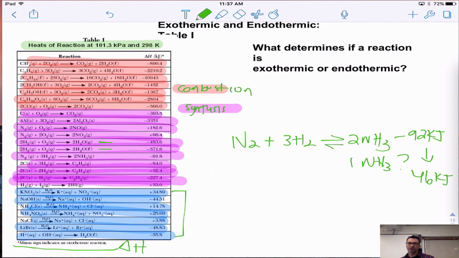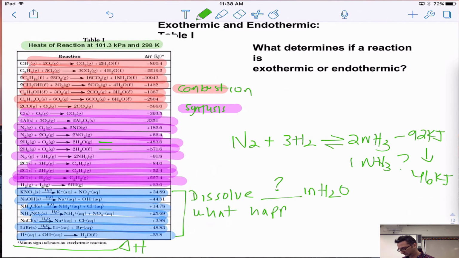They like this question that goes along with this, and the question sounds like the following. They'll say, when you dissolve a substance in water, and it'll be one of the ones on the chart, what happens to the temperature of the water? And the trick is this, and this is where you have to be careful.